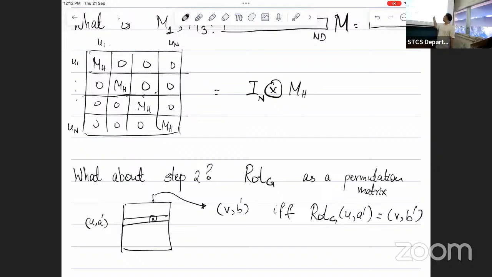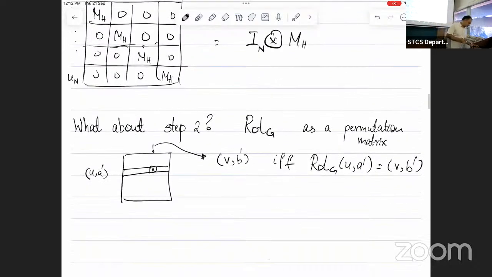So the rotation map of (u, a') is equal to (v, b') if both u and v, with respect to a' and b', are referring to that same edge. And as a matrix, you can think of this as a permutation matrix, where each row has exactly one 1. And where do you have the 1? You have it at the column which is the image of your rotation. So that's this new matrix.